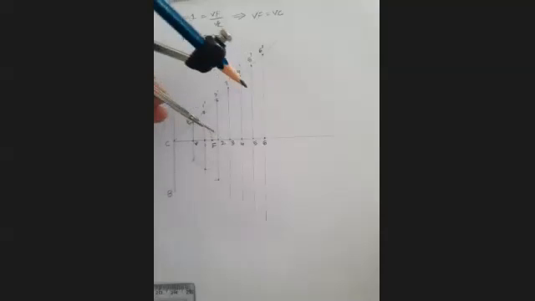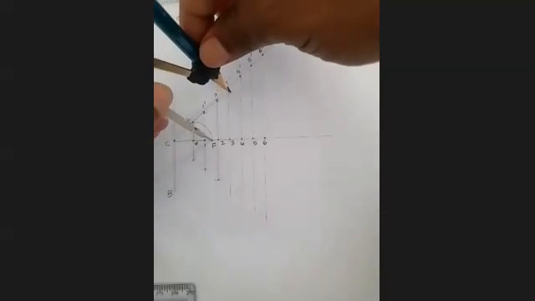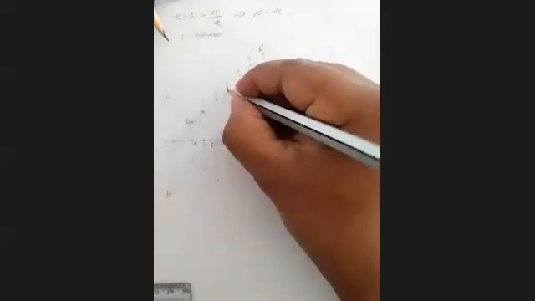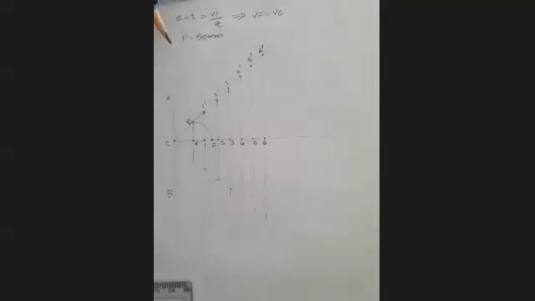Next, 3 to 3 dash, F as center. Cut the arc above and below. Wherever it cuts, you mark the point.